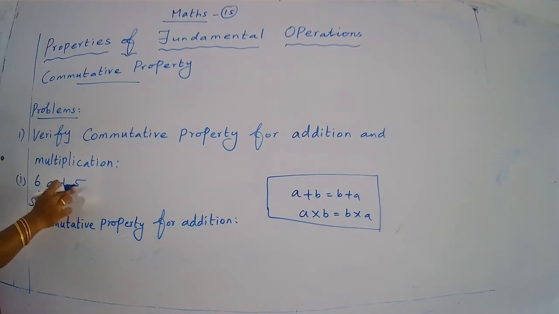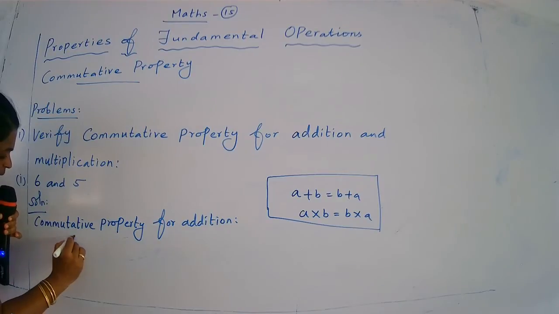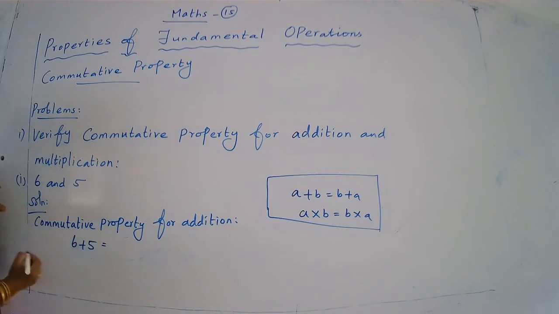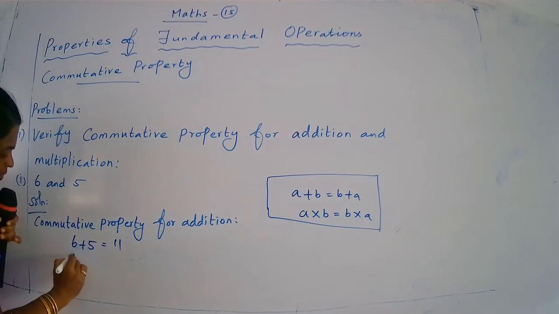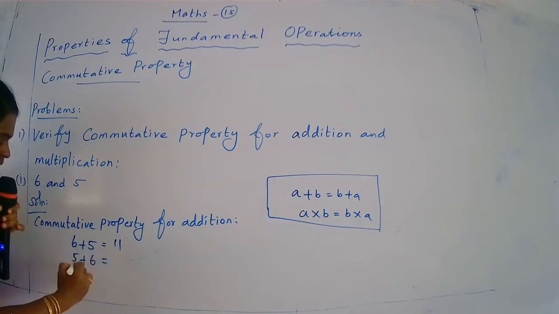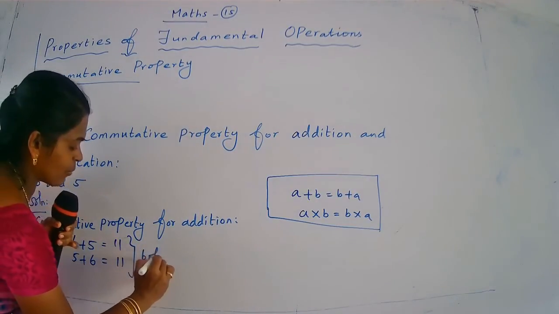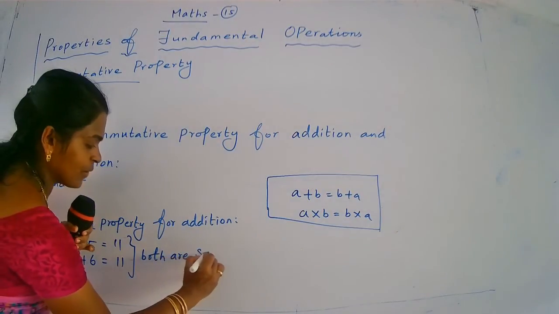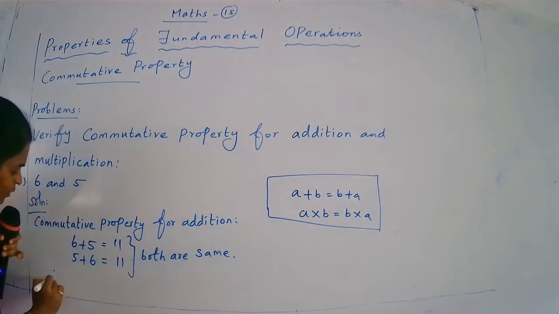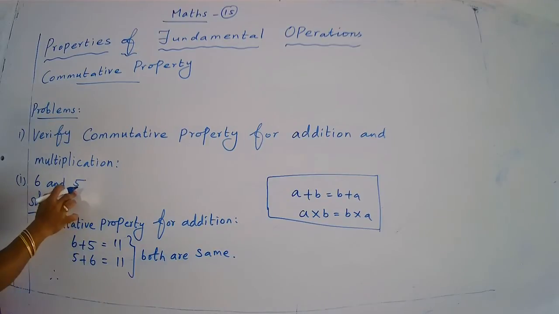Commutative property is true for addition and multiplication. Already we have checked. Yes children, yes. So first of all you check commutative property for addition. Okay, so we have to find the value of 6 plus 5. 6 plus 5 how much? 11. Then after change the order. Okay, that means 5 plus 6, that answer also 11. So both are same, so hence verified.